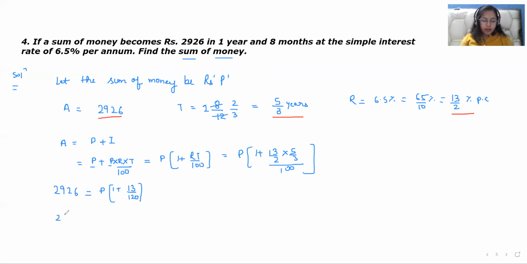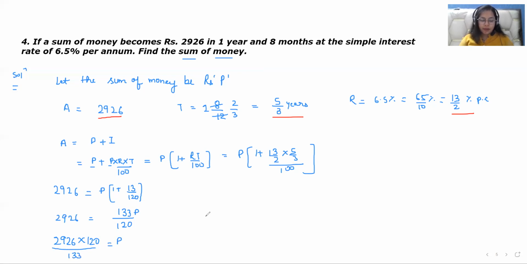After taking the LCM, 120, we get 120 plus 13, that is 133 P over 120. So we can find the value of P from here. So we'll take 120 to the other side, from denominator to numerator, and 133 is the denominator.